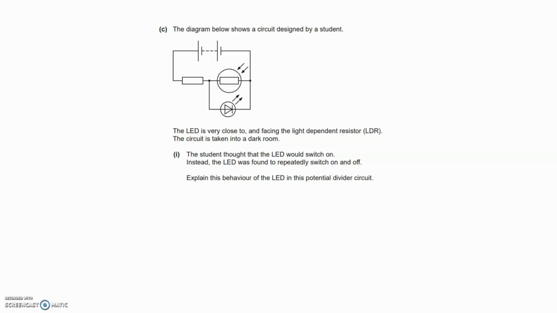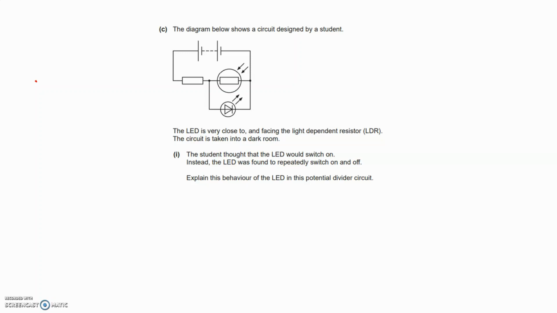And the final part of this question, part C: the diagram below shows a circuit designed by the student. So you've got a resistor, and here you've got your LDR and your LED, which are now in parallel with each other, and the LED is very close to and facing the light dependent resistor, and the circuit is taken into a dark room, and the student thought the LED would switch on.